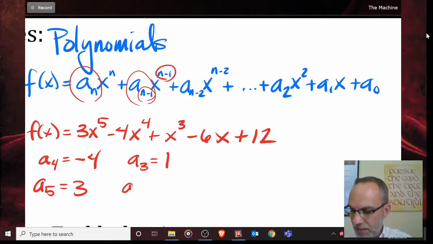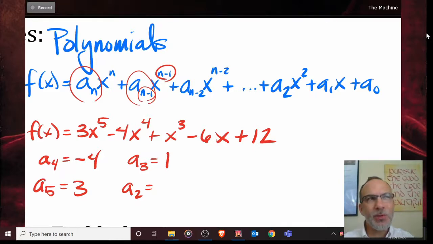Let me give you one that'll give you a headache. How about a sub 2? What's the coefficient on x squared? Well, there isn't one. Well, there kind of is. You don't see it written there because it's a unique number that's being multiplied by it.